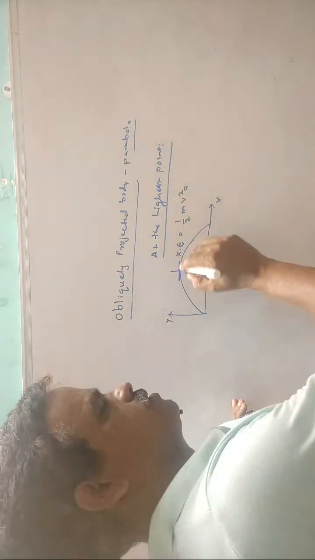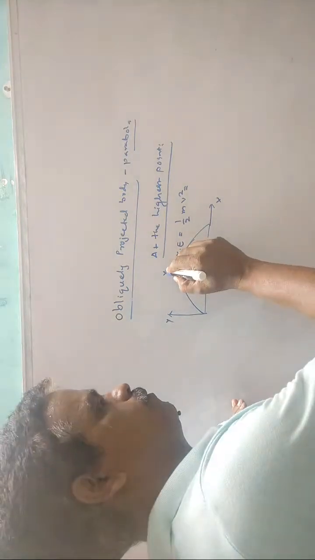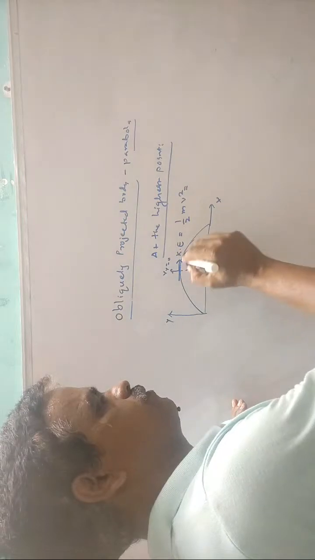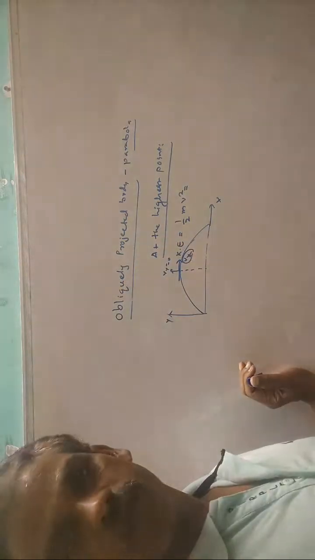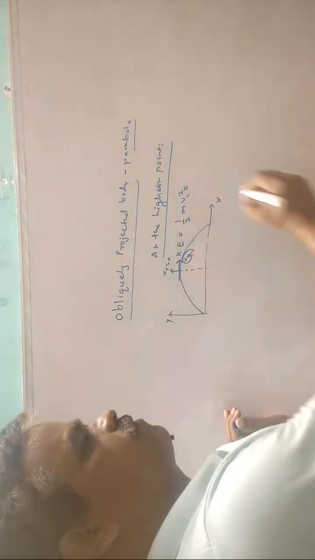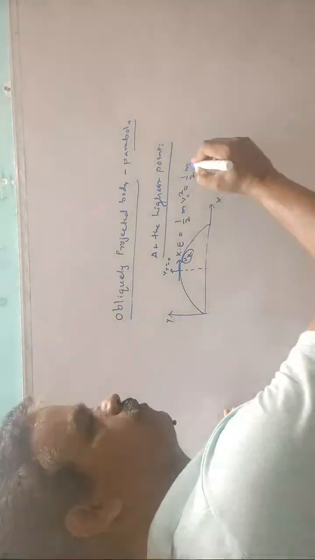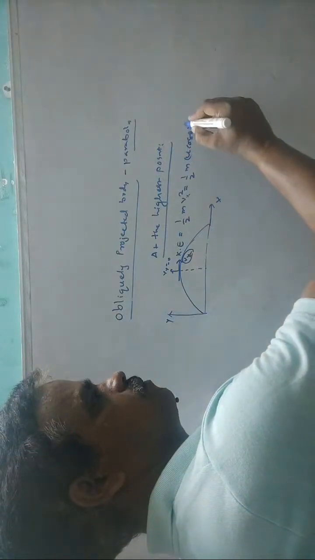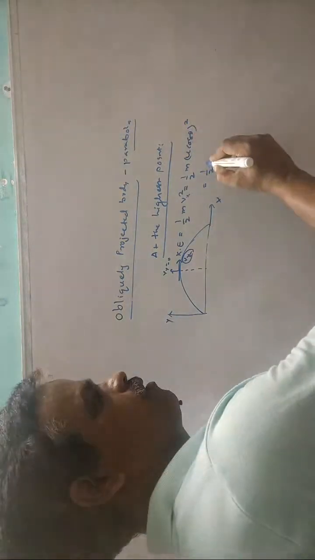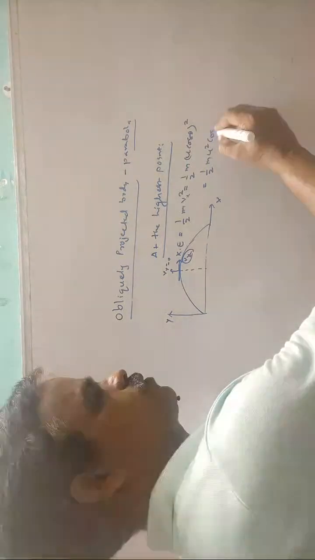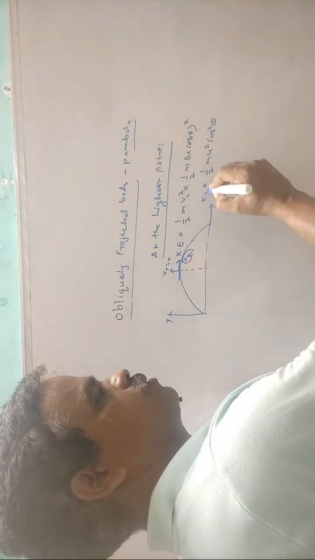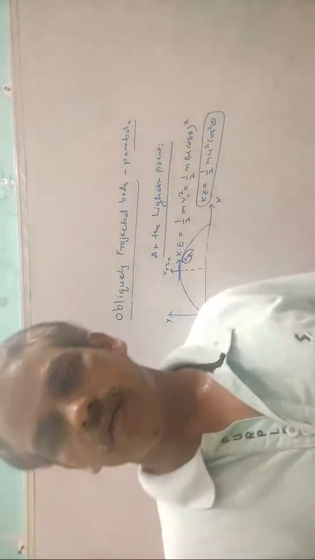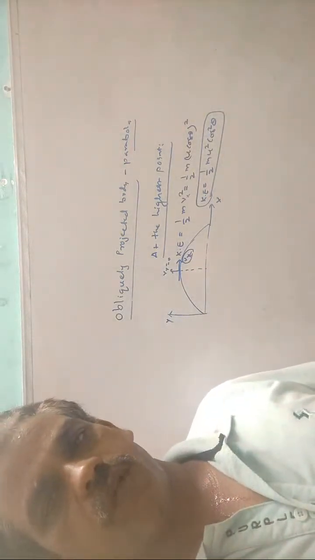Vx and Vy. Vy equals 0, only we have the Vx component. So just substitute here half m Vx square. Vx is nothing but u cos theta, whole square. Half m u square cos square theta, that is equal to K.